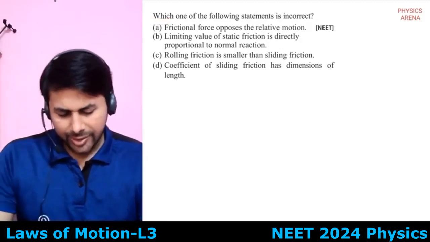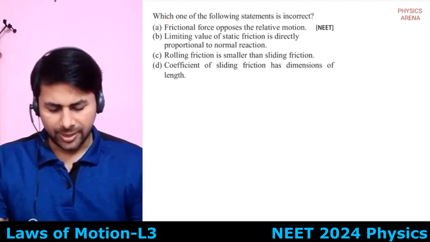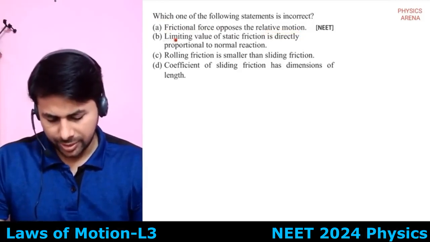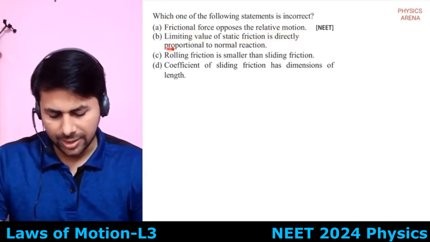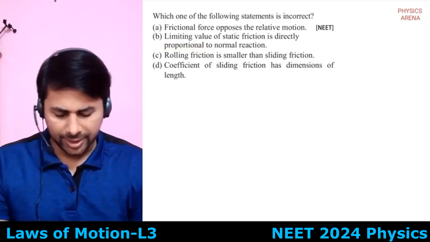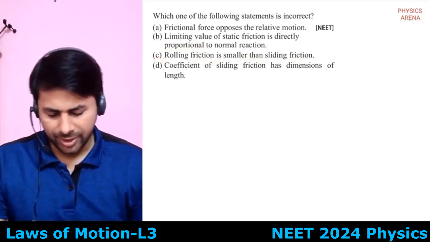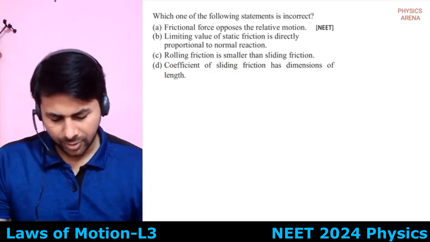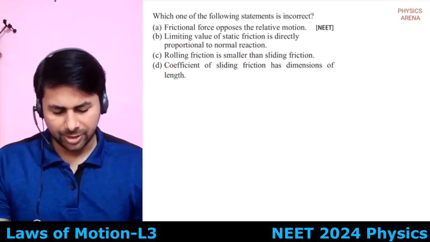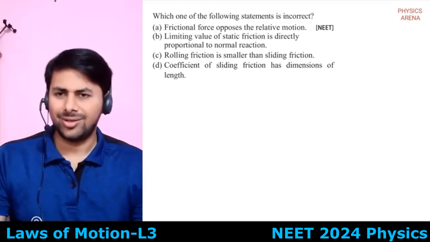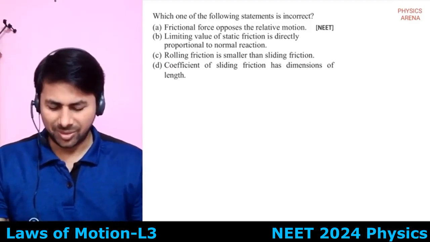Next, which one of the following statements is incorrect? Frictional force opposes the relative motion. Limiting value of static friction is directly proportional to normal reaction. Rolling friction is smaller than sliding friction. Coefficient of sliding friction has dimensions of length. What is the dimension of option D?